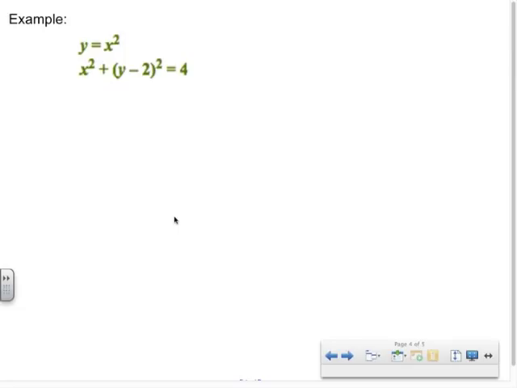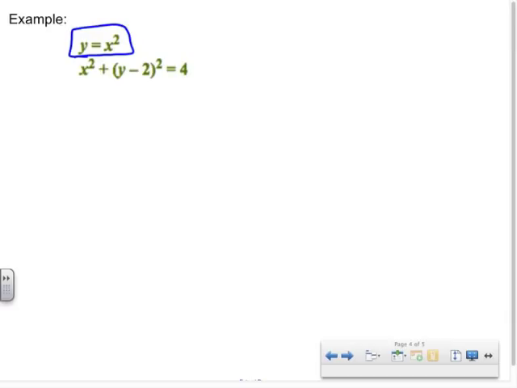In looking at the top equation, I see y equals x squared. So this equation is what I'm going to use to substitute into the other one. Since I know that y is equal to x squared and x squared equals y, I can make a choice here. I can either substitute in x squared for y, or I could substitute in y for x squared.